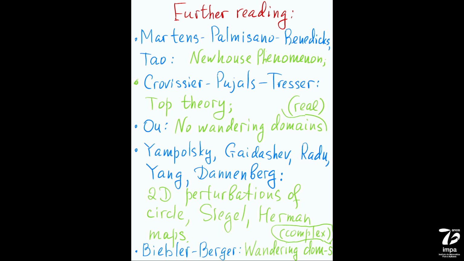It is perturbation theory for one-dimensional circle maps, Siegel maps, and Herman maps. There are already several people involved, led by Jan Polsky. Jean-Christophe Yoccoz has been actively involved in that, and it allows to create very interesting real and complex perturbative objects as well. I am sorry to abuse my time.